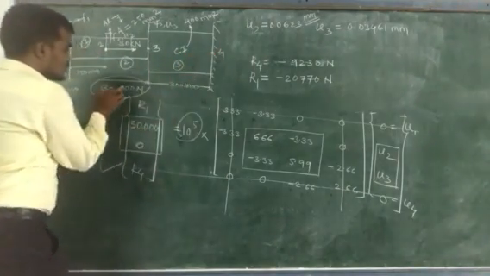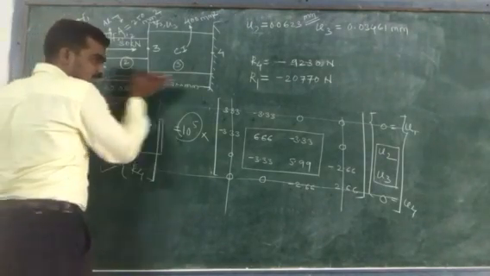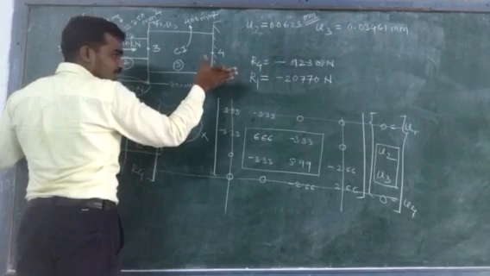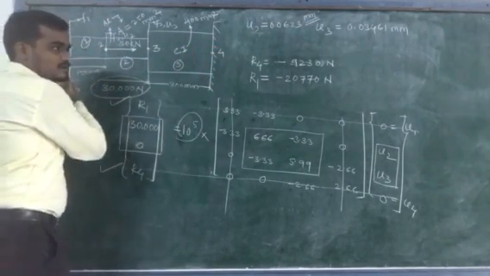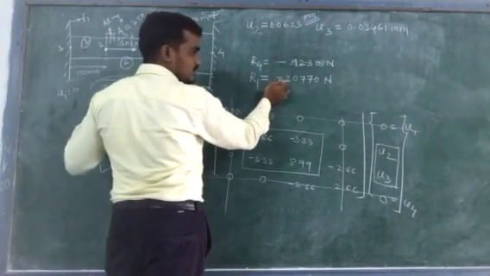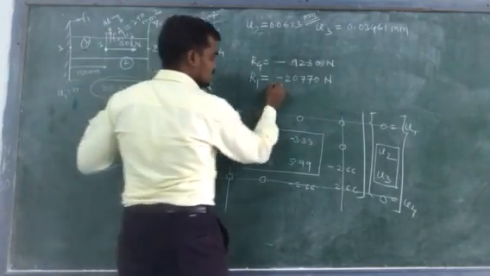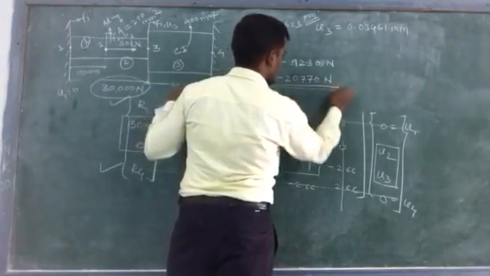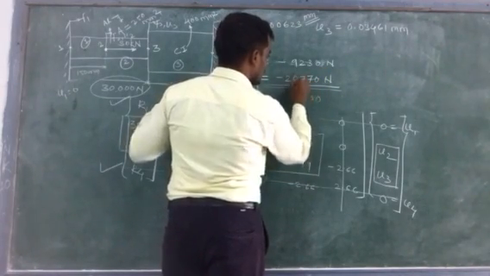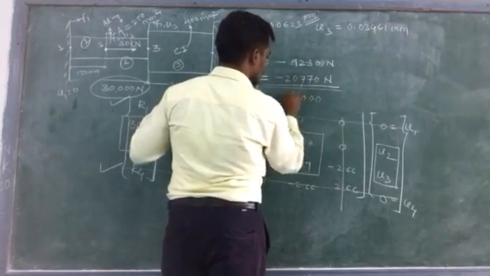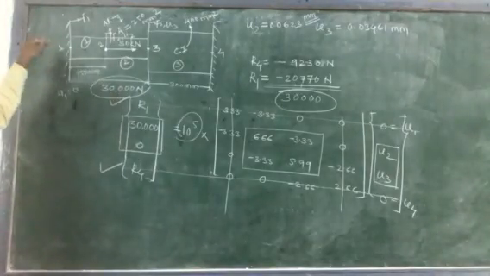To balance this 30,000 newtons, which is applied in the right direction, R1 and R4 must act in the left direction. The negative sign means these are in compressive direction, and we just need to add them to cross check. It means this force is balanced by these two reactions.